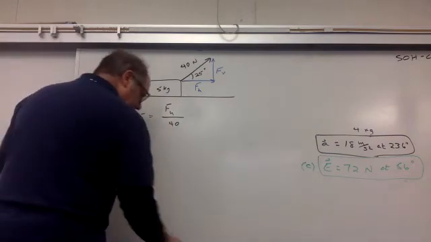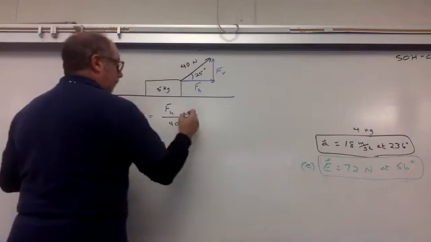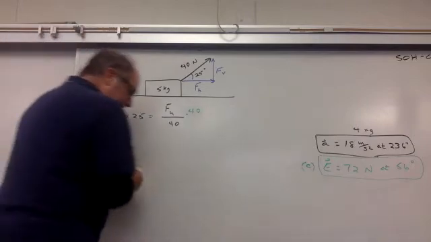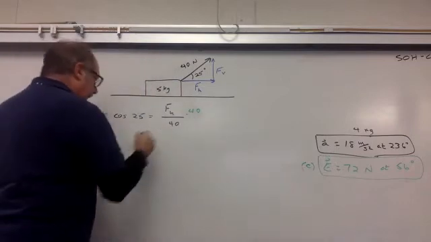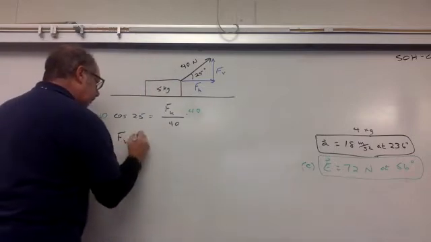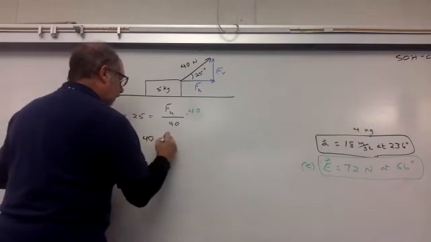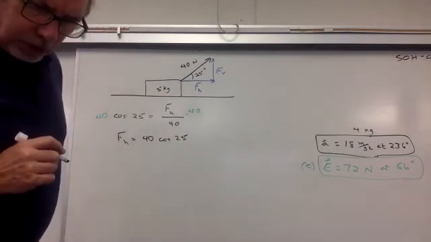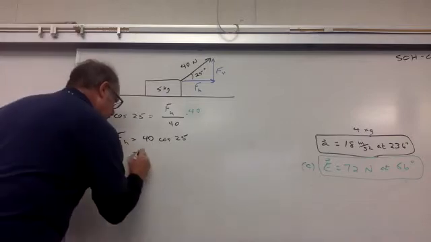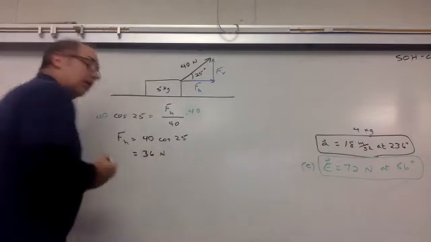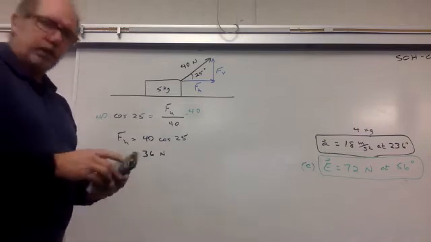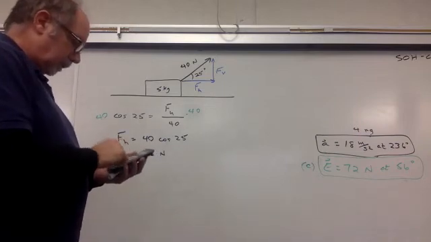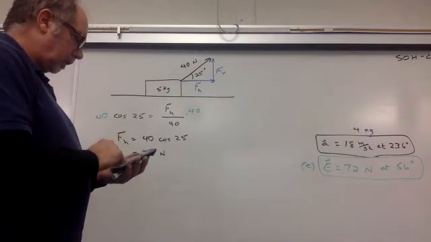Multiply both sides by 40, and this is 40 times the cosine of 25, which according to my answer sheet is 36 newtons. Better check that though. Times 40, yeah, 36 newtons.